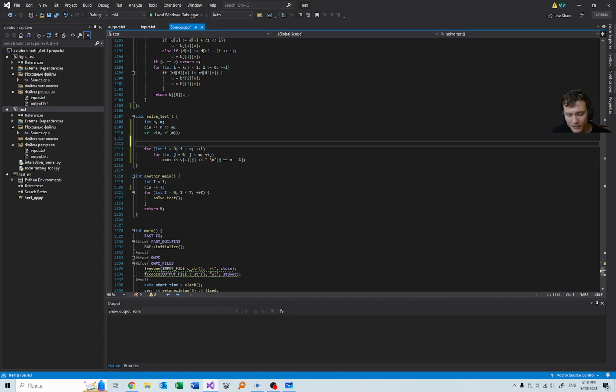So before that, I need to print the answer, and the answer is if m equals 1, then it is 0. And if it is not 1, then it is minimum of m and n plus 1, I think.